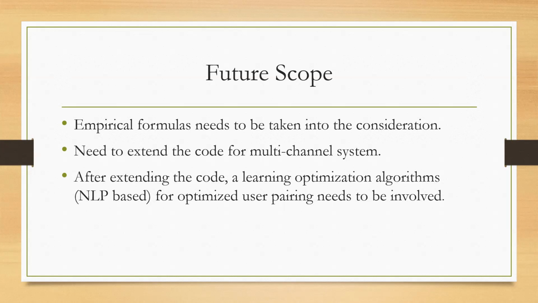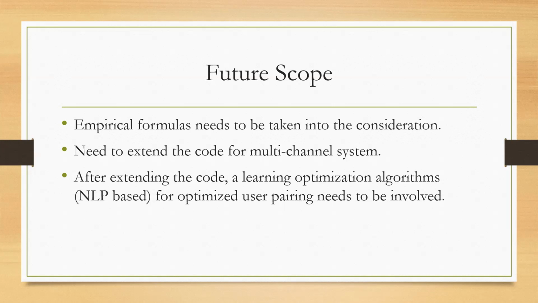Then we need to increase this code's capability from single channel and multiple users to multiple channels and multiple users. And after extending the code, we need to use better, less complex learning optimization algorithms.